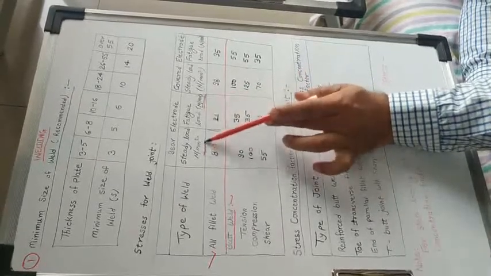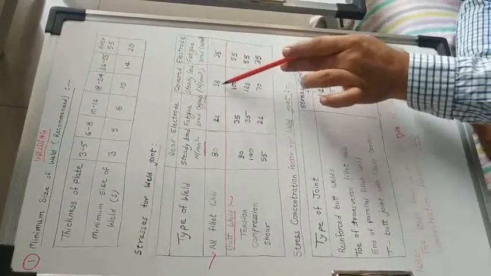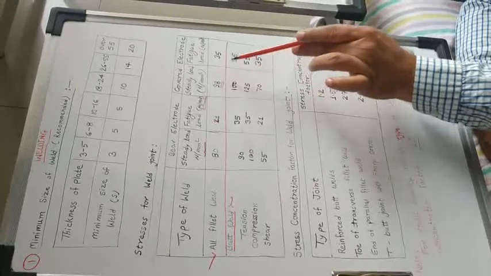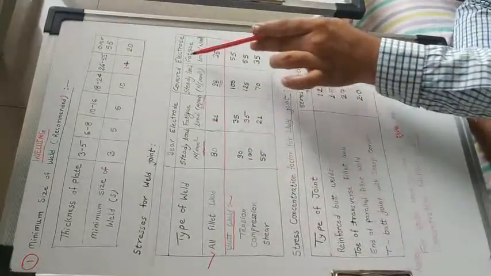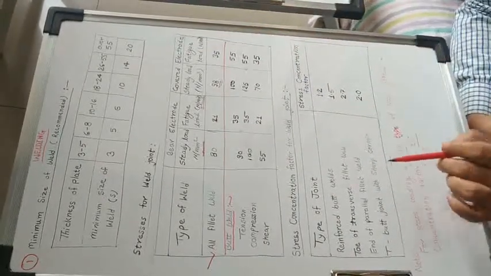This is the unit of the stress. If it is a covered electrode, then you can take 98 Newton per mm square for all fillet welding, and for fatigue load it is 35 Newton per mm square.